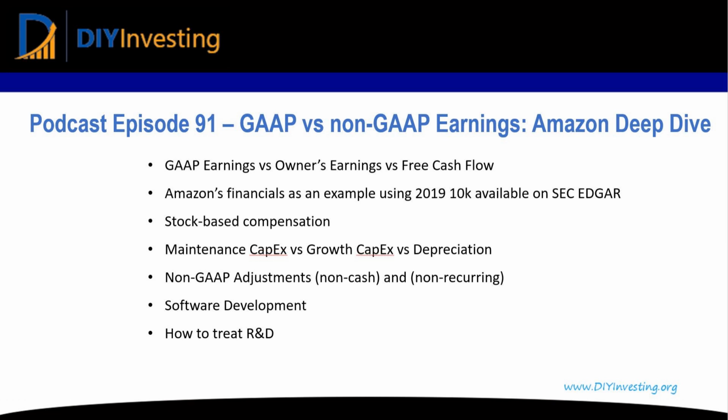On a first pass, $6 billion divided by 11.5 is 52% of earnings. So we're going to say that free cash flow is 52% of earnings for Amazon. This means that Amazon's earnings overstate free cash flow because they're overvaluing the earnings, which are being given away to employees instead of retained for shareholders. But we're not done.